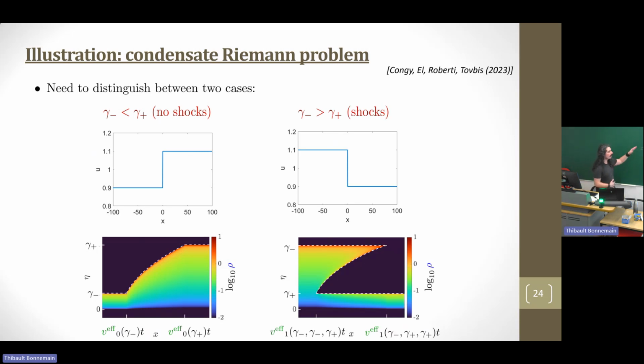The other case is gamma minus bigger than gamma plus. This time the velocity of this component is bigger than that one, so there's a shock at t equals 0. There's wave breaking. And as you can see here from the support, you start increasing the genus of the solution. Again, on the far left and the far right, you have genus 0, and in between you have a genus 1 within a region that extends in time.